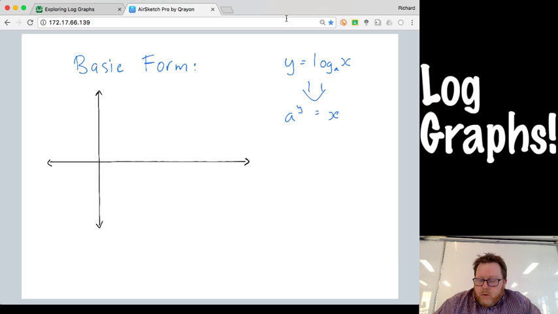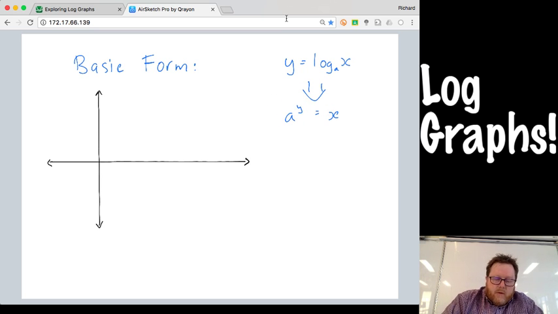All right, so let's start by looking at what happens when y equals 0. So when y is equal to 0, what's happening to x? When y equals 0, this is a to the power of 0. A to the power of 0, doesn't matter what a is, a to the power of 0 is 1. So when y equals 0, x equals 1.